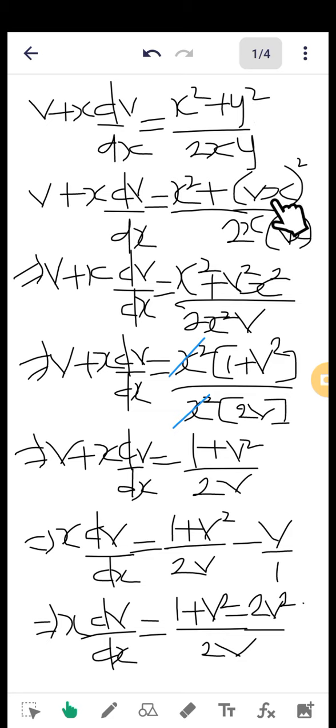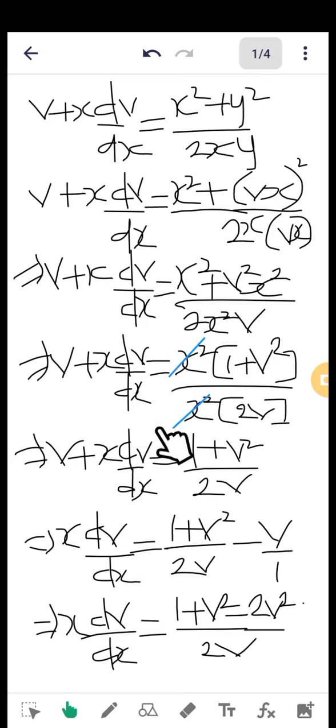So v plus x dv/dx is equal to x squared plus, because y is squared, we square the whole term vx, getting v squared x squared, all over 2 times vx times x, which is 2vx squared. So we factorize x squared from the numerator and also from the denominator, leaving 2v.